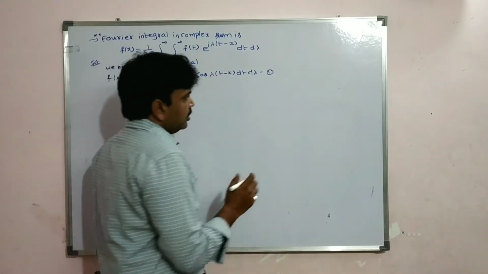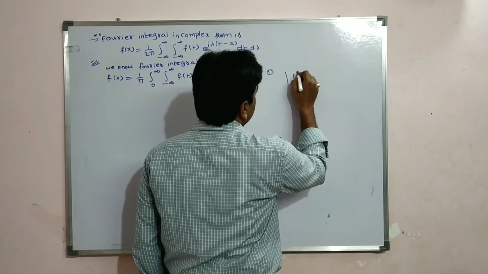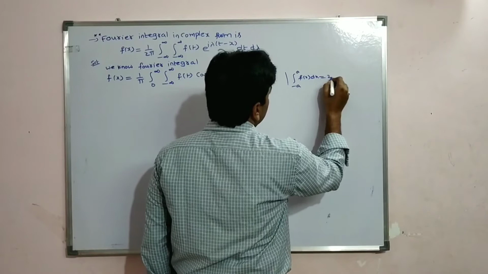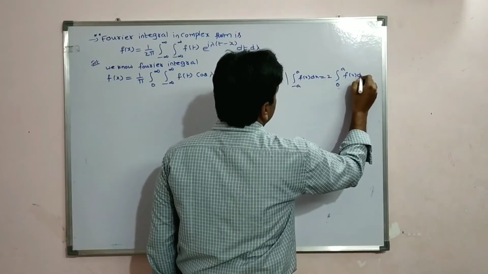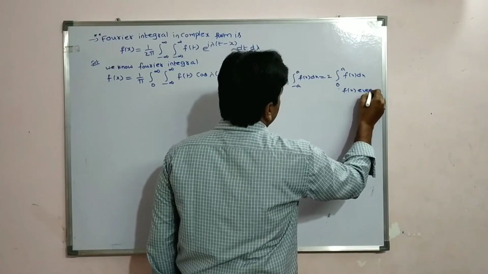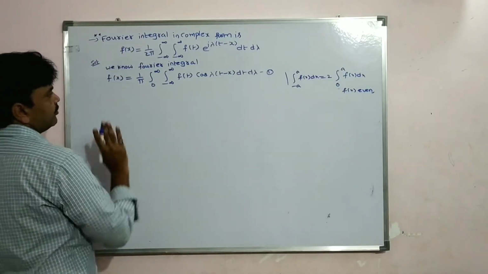I have a formula here. What is the formula? Integral from minus a to a of f of x dx is equal to 2 times integral 0 to a of f of x dx, when f of x is even. Now I am assuming f of x is even.